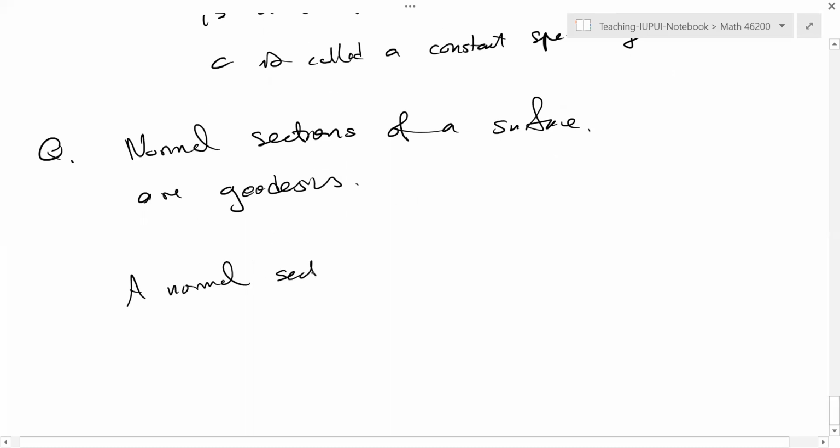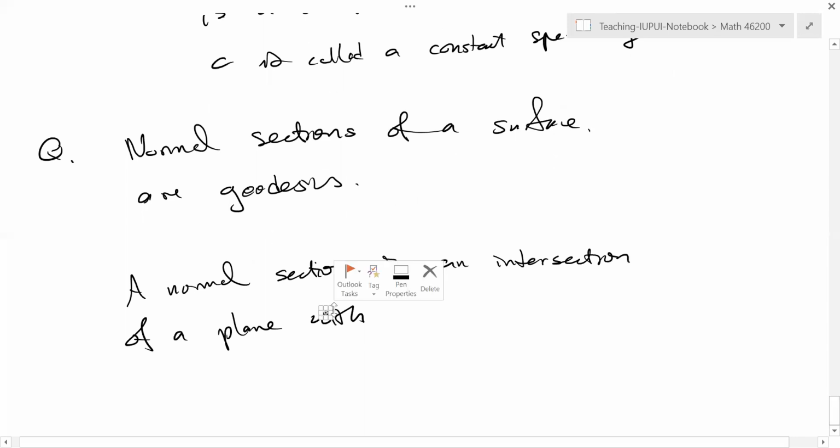A normal section is an intersection of a plane with a surface.